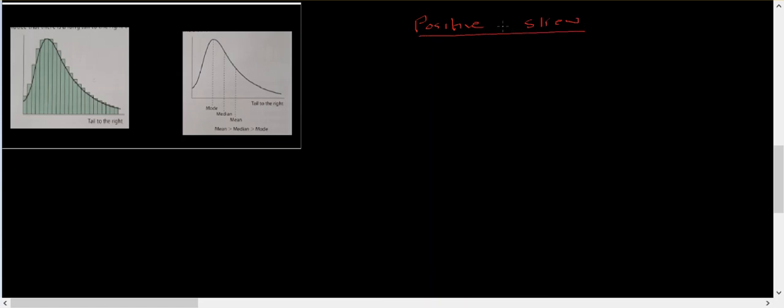So again, with a positive skew, see this here, this is the lower side of the data, and this is what's known as the tail. The tail will generally fall to the right, or the higher end. So remember, this is the higher end of the values and this is the lower end of the values. So we can see that the tail falls to the right, or to the higher end of the values.